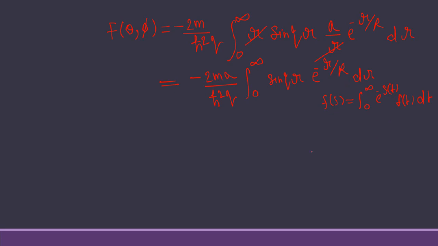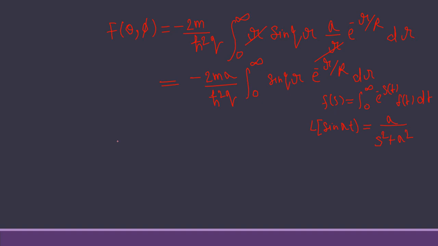Okay. So you know the integration of sin(qr). You know the Laplace transform of sin(at) will be equal to a upon s square plus a square. So here our a is q and here our s is 1 upon R. By comparing this formula, you can find out that our s is 1 upon R and our a is q here.